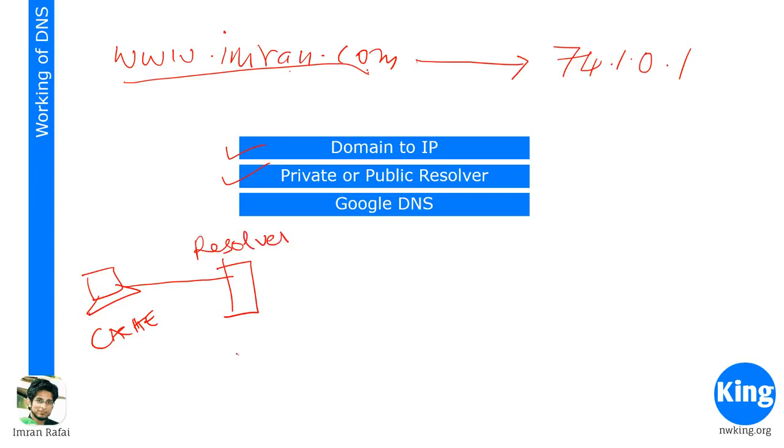Now the resolver again is going to look into its cache and say, okay, imran.com, no, I don't know anything about imran.com because I have not gone to imran.com earlier, so I don't have a lookup for the server of imran.com. So the resolver will send a request to somebody called the root server.